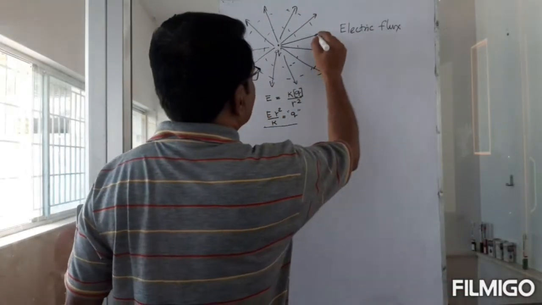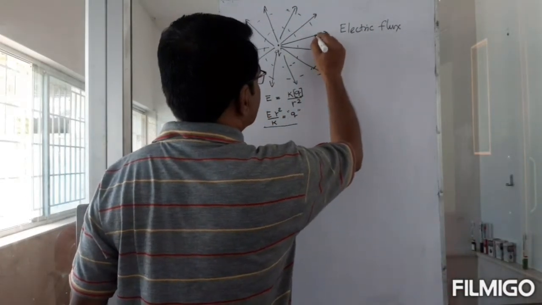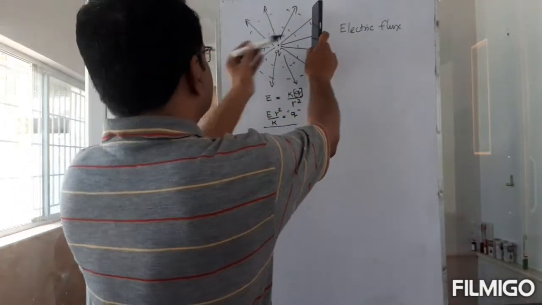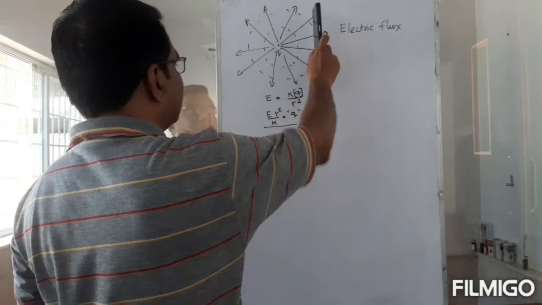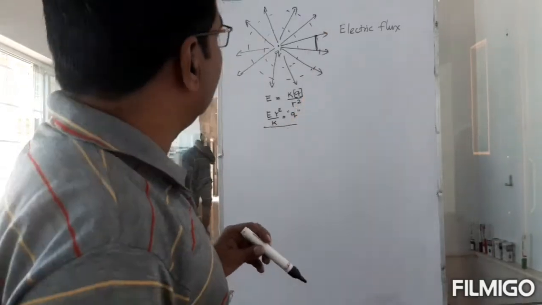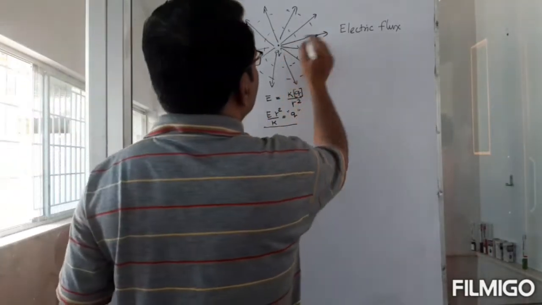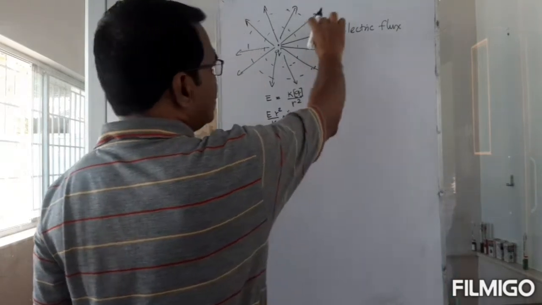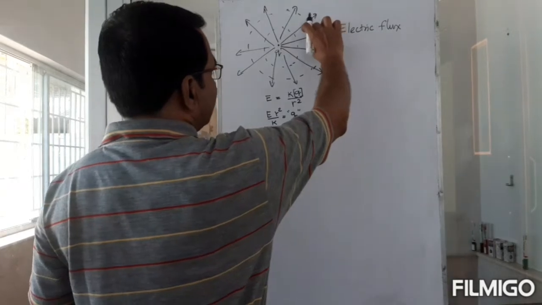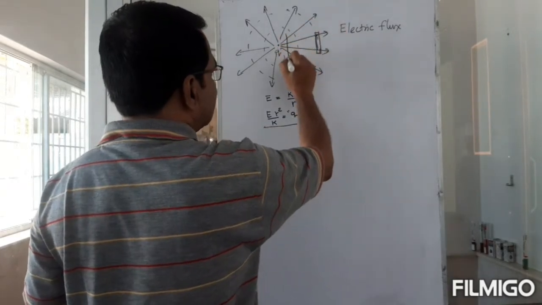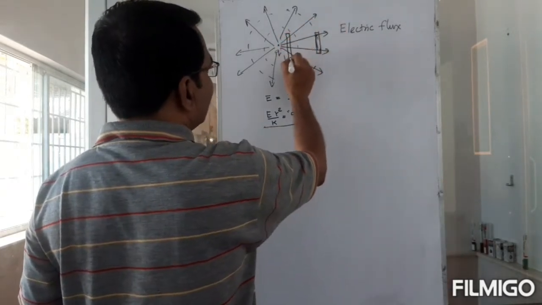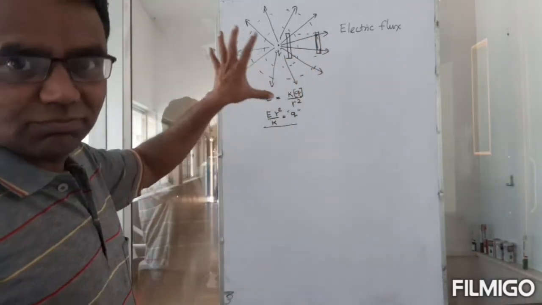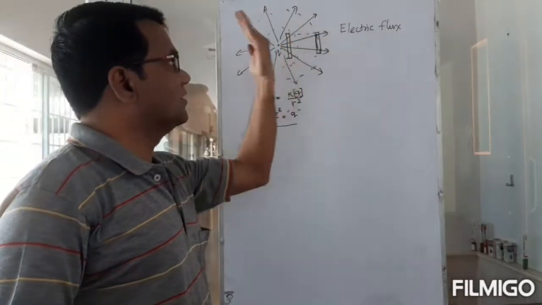Okay, so let's say I have this area. Imagine that I kept my phone like this, so there will be a certain number of lines that will go in there. Okay. So if I take this area, note here, there are only 2 lines going here. But if I take the same area and bring it closer, clearly 4 lines will be going. I hope this idea, we discussed yesterday.